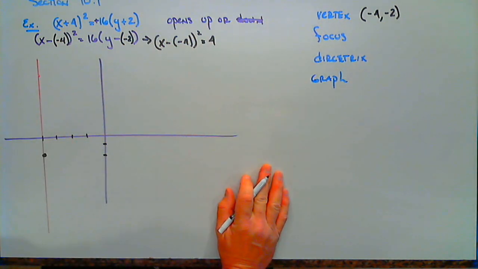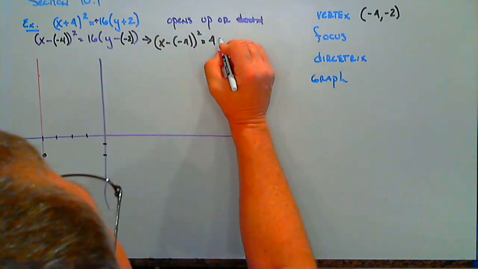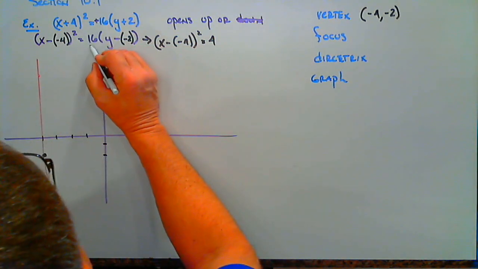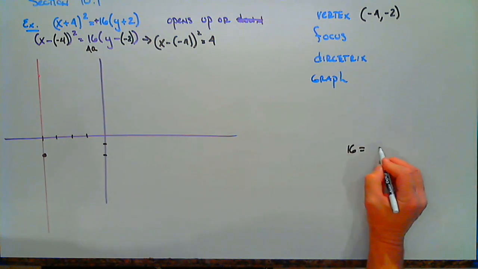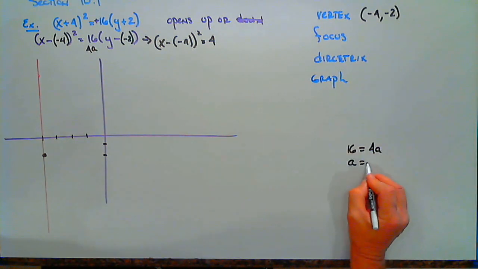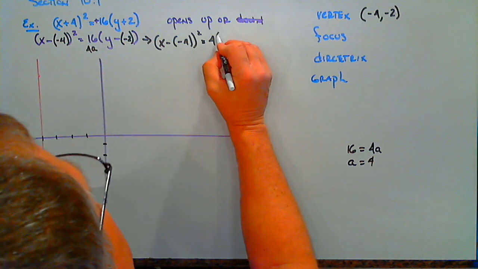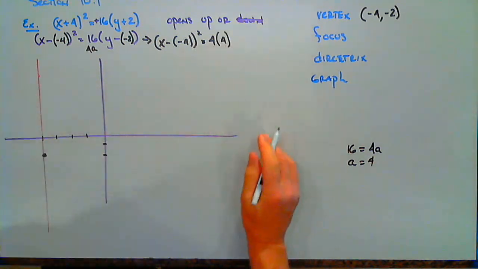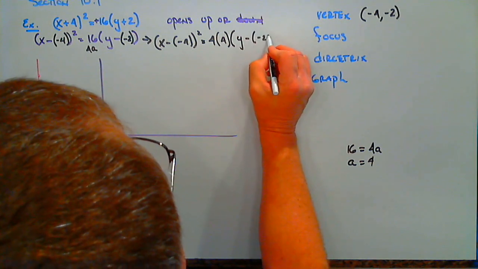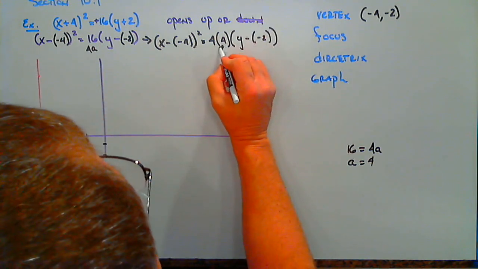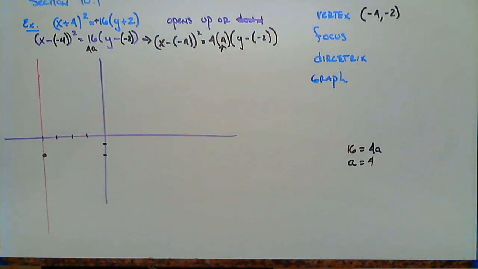The formula came with a 4. Now, we have a 16. It's supposed to be 4 times A. That right there is 4 times A. We can go over here and say, hey, 16 is 4 times A. A is 4. So that goes here, because that's where our A went. And then we have y minus 2. So for our problem, A is 4.